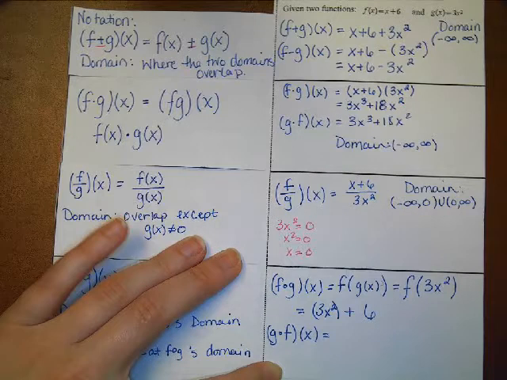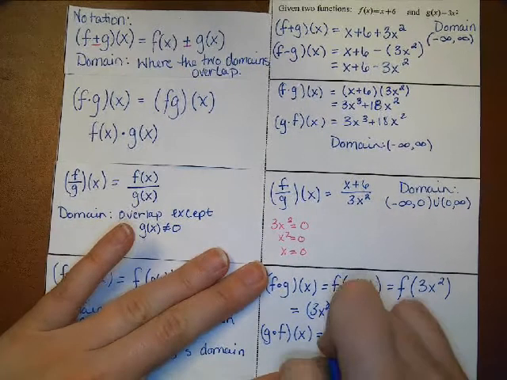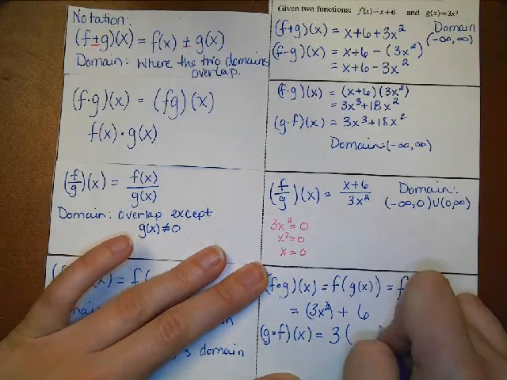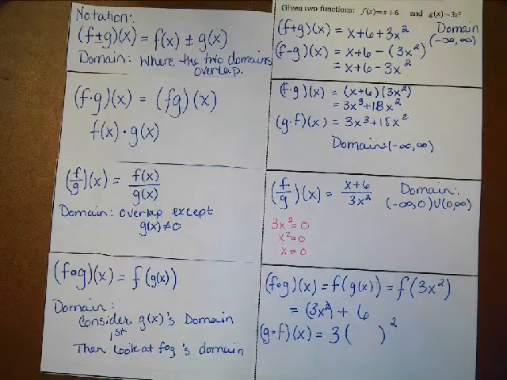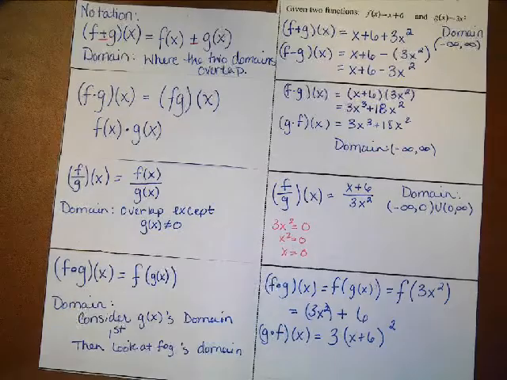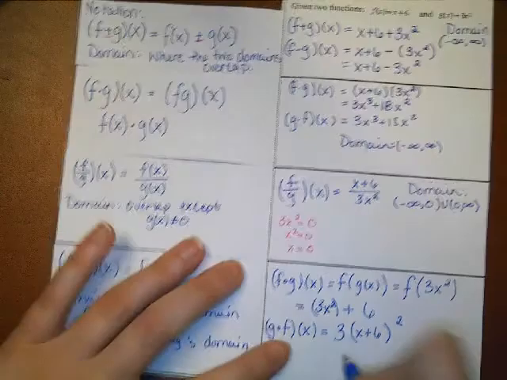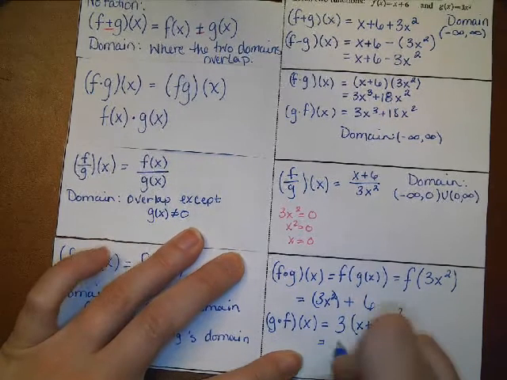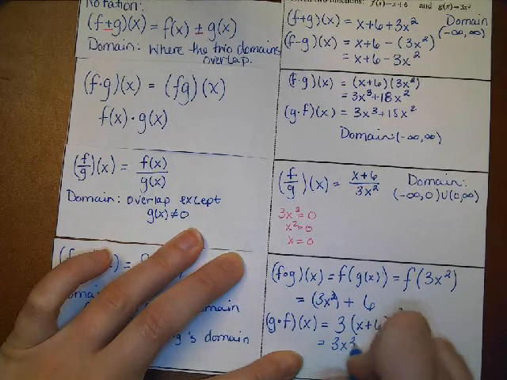So what is g composed with f of x? So this one's different. What is this one? So what I do is g of x is the outside, so I do 3 times something squared, right? I rewrite g of x without x's, and I put x plus 6 in, yep. Okay?